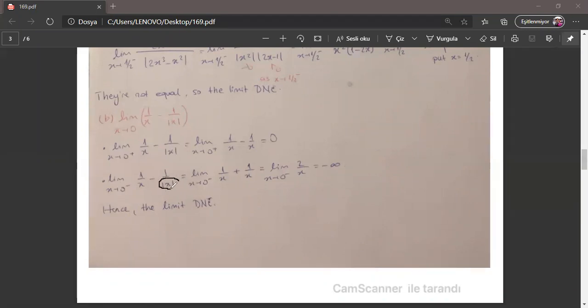This will be equal to minus x as it's negative here. So we have 1 over x minus 1 over x. It will give us plus 1 over x. So we get 2 over x. When we put x equals to 0, we get 2 over 0, which gives minus infinity. So the limit does not exist.